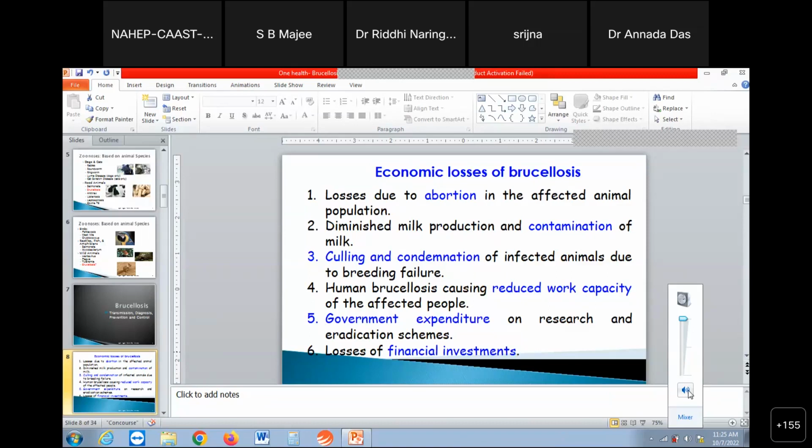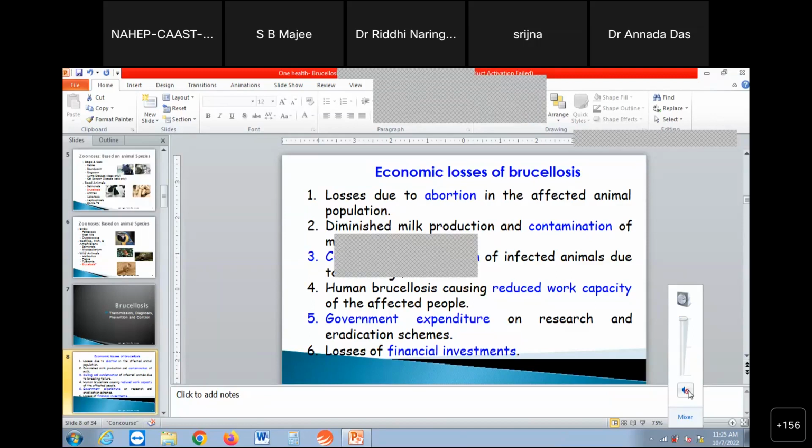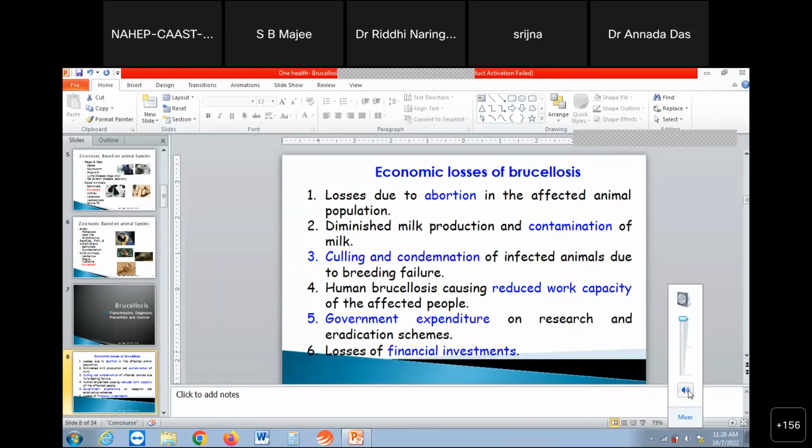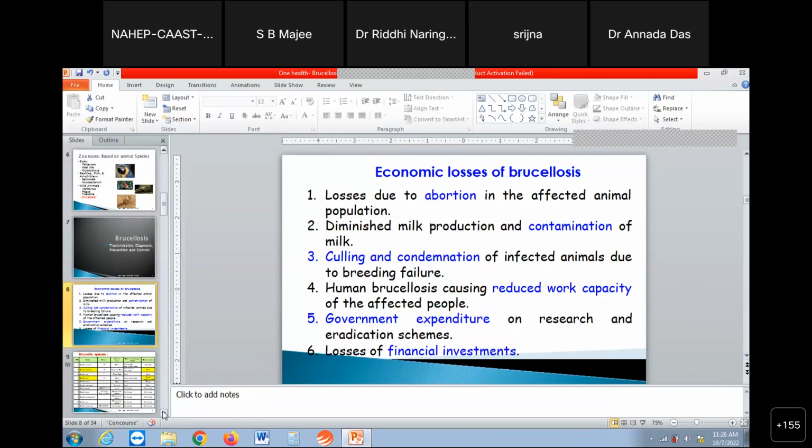Research and eradication schemes take a long time to get implemented in our country, because we have such a large country and not much organized farming. We have a lot of cattle in the villages roaming freely, and therefore it is very difficult to undertake a concerted eradication program. So for all these reasons, we are facing the problem of brucellosis.